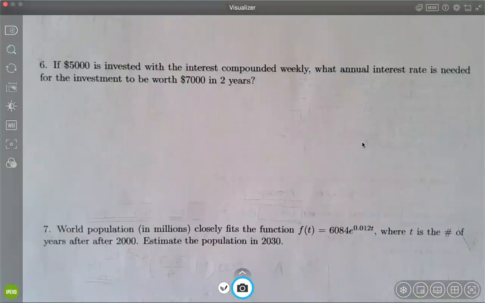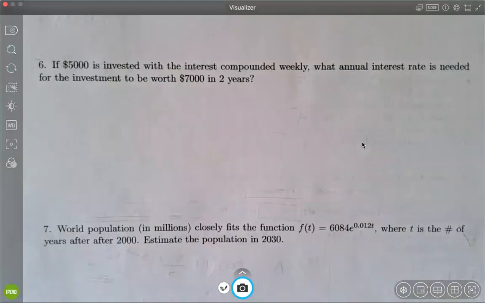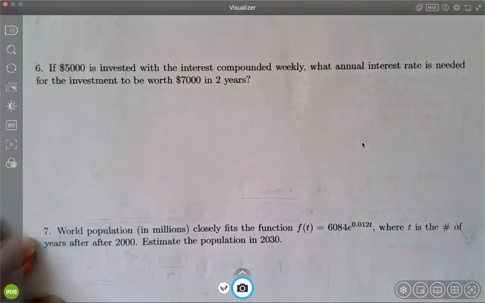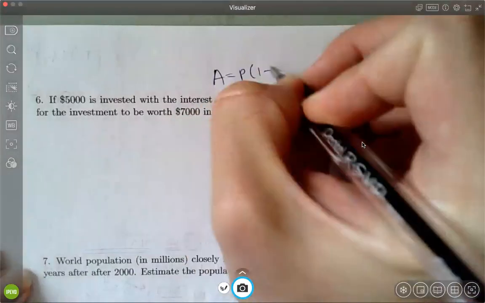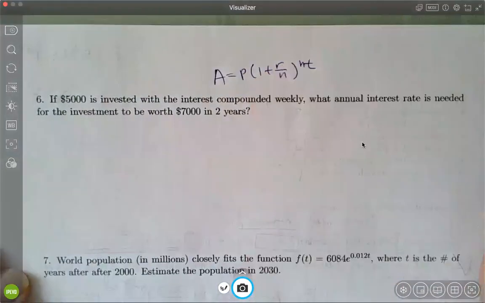If $5,000 is invested with the interest compounded weekly, what has to be the interest rate so that the money grows to $7,000 in 2 years? For this problem, notice that we are using the top formula, right? Because it doesn't say compounded continuously.